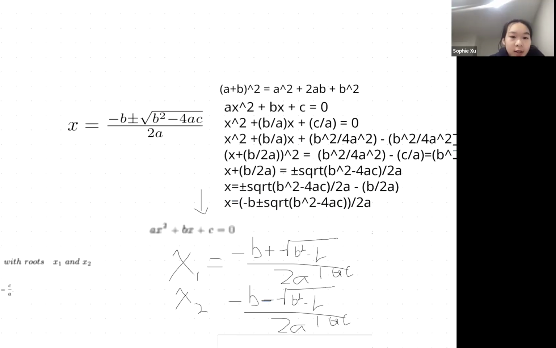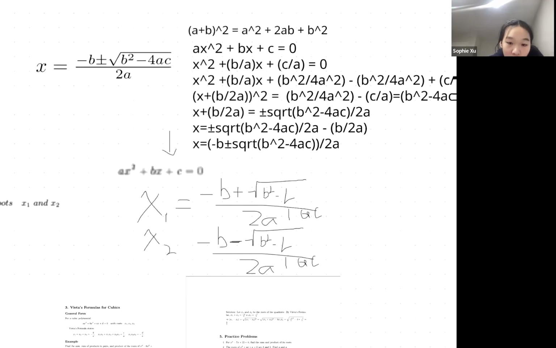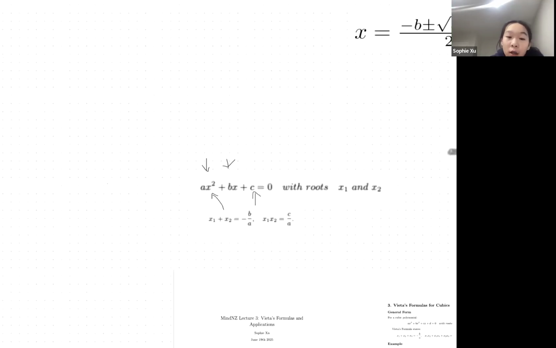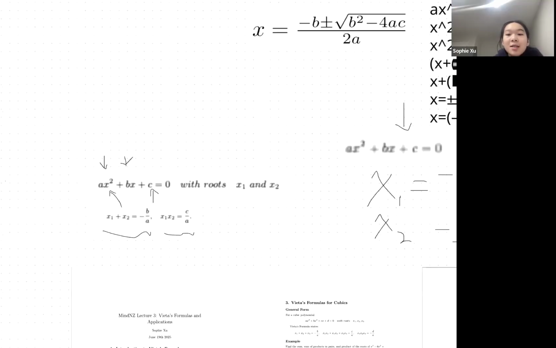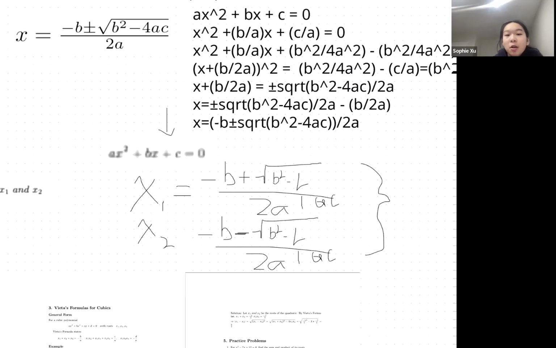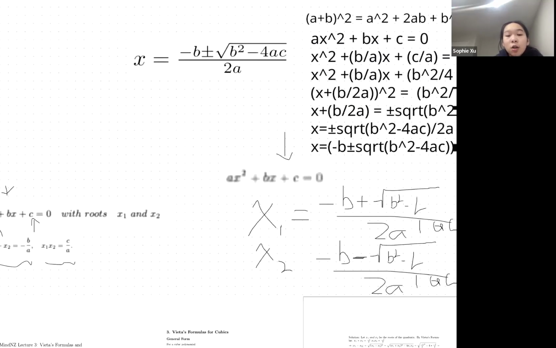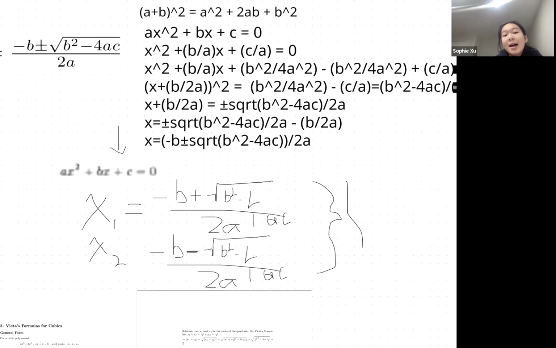Since these two are the roots, we want to prove Vieta's formula, right? Vieta's formula finds the sum of the roots and the product of the roots. So what can we do? We can just sum these up and take the product of these as well, right? When you take the sum of these two, you realize that the square root part cancels out.